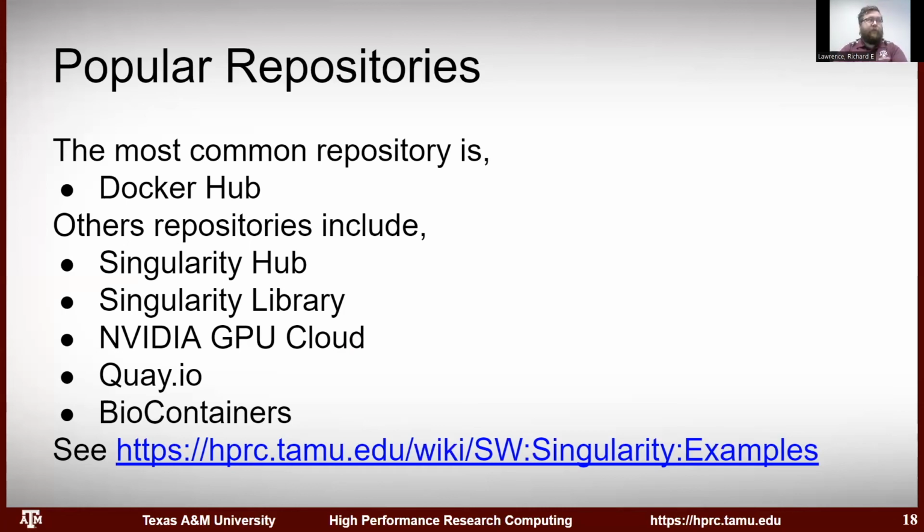So if you see something on Quay, it's probably more serious than something on Docker. Biocontainers is a specific subset of Quay.io that's got a family of curated biology applications. And these are listed on our wiki in the Singularity section of our wiki. Why don't we take a moment to look at that?